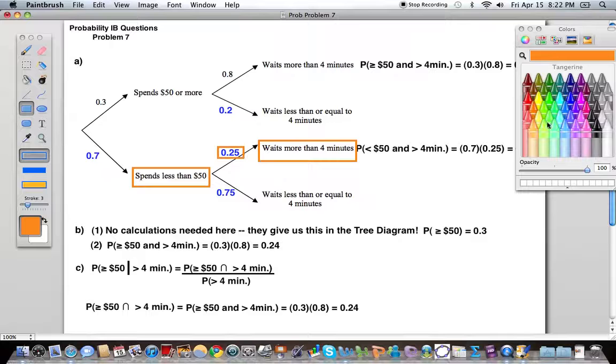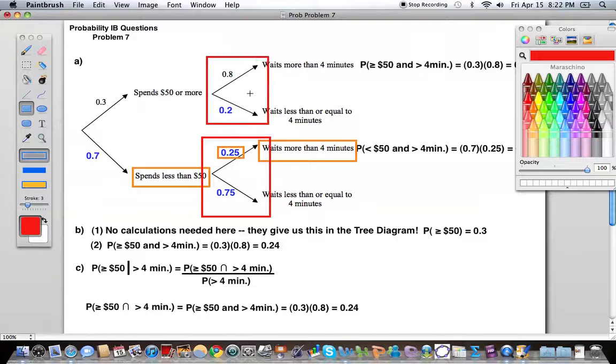As a reminder, these little V's or little branches off of our trees, 0.25 plus whatever's here has to equal 1. Again, up here, 0.8, so 8/10, plus whatever's down here has to equal 1. Same thing with 3/10. So if they give us just one part like they did here, we can find the other part of this branch.